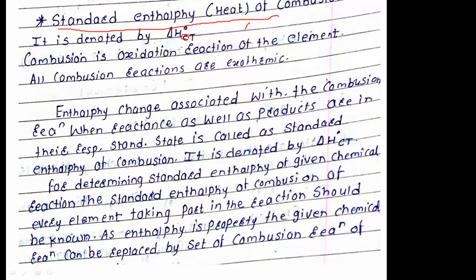Now we know that combustion is an oxidation reaction of the element. If we combust anything, H2 plus O2, it may form H2O. So if any substance reacts with oxygen, it is called a combustion reaction. All combustion reactions are exothermic.